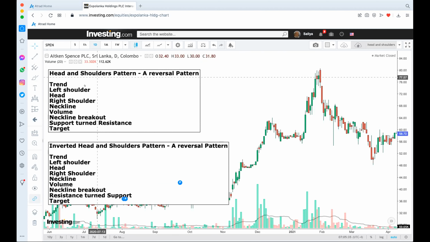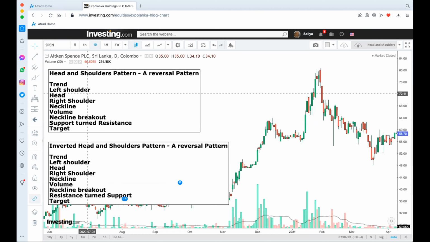Once we identify the trend, which is an uptrend, where you need to see higher lows and higher highs, it can be within a shorter period of time or a longer period of time.